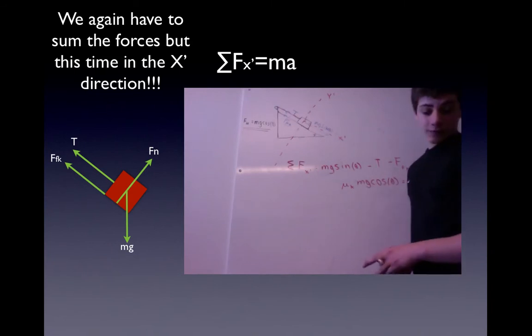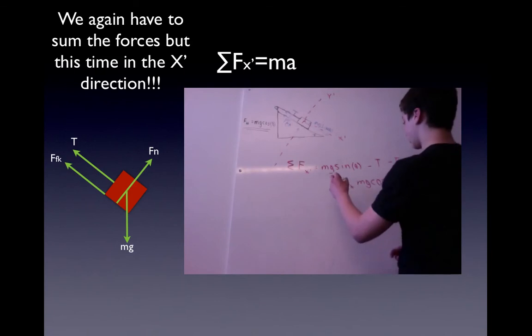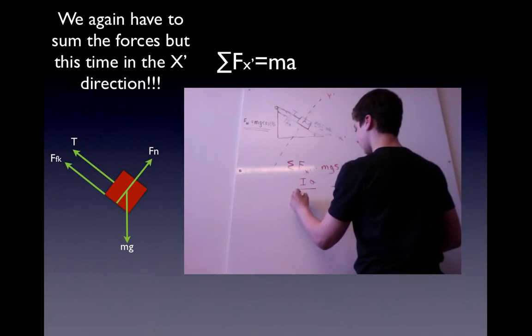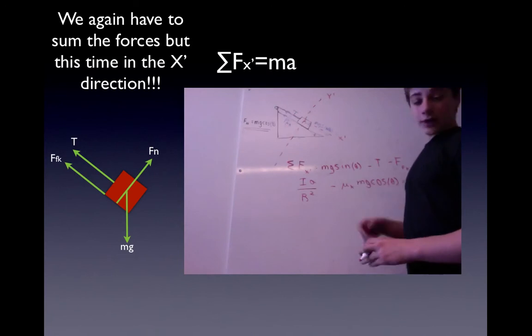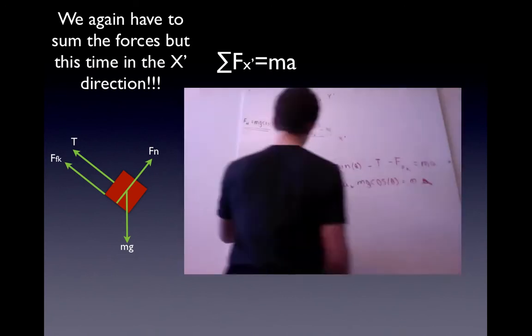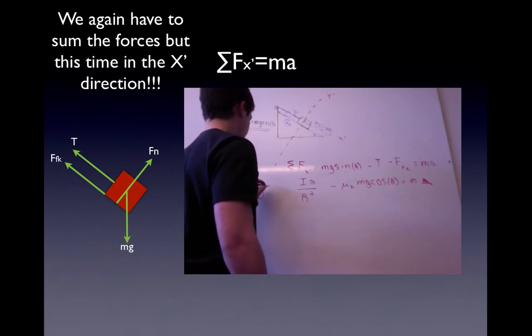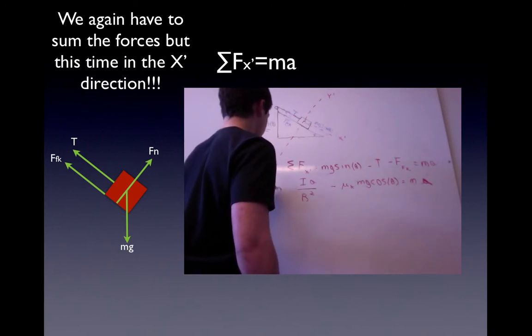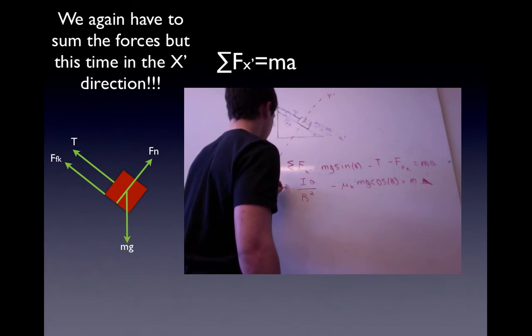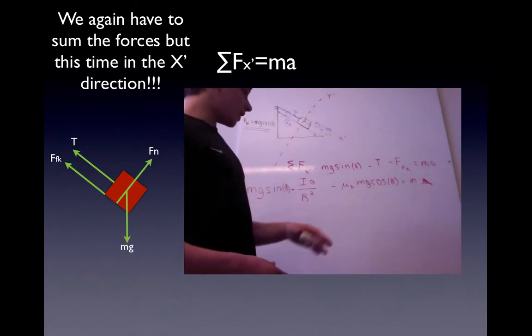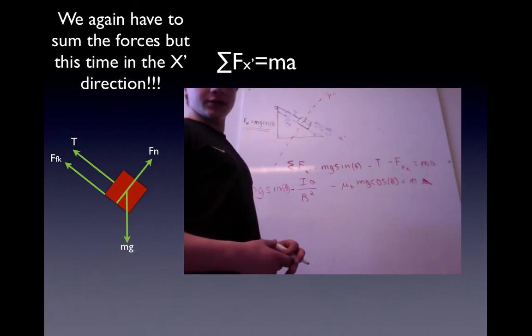Tension we had solved to be IA over R squared, and we're going to keep the mg sine theta as it is. So mg sine theta minus IA over R squared minus mu k mg cosine theta equals ma.